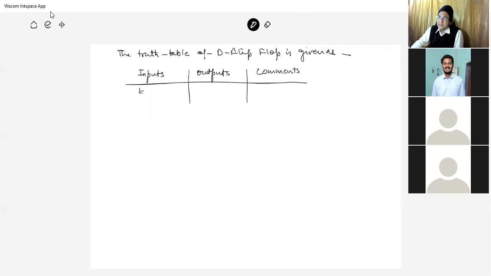This is E, it is clock. This is D, this is Q n plus 1. This is Q bar n plus 1.